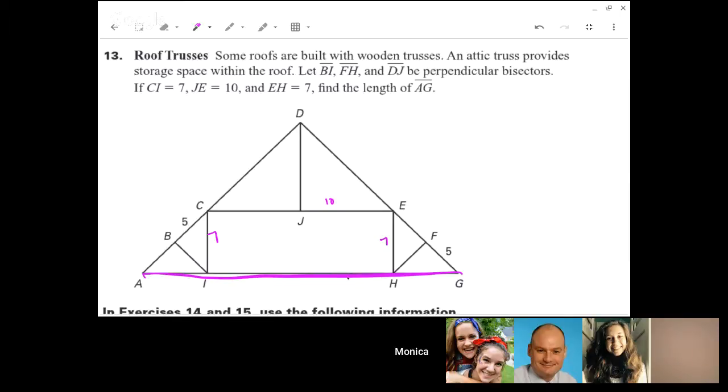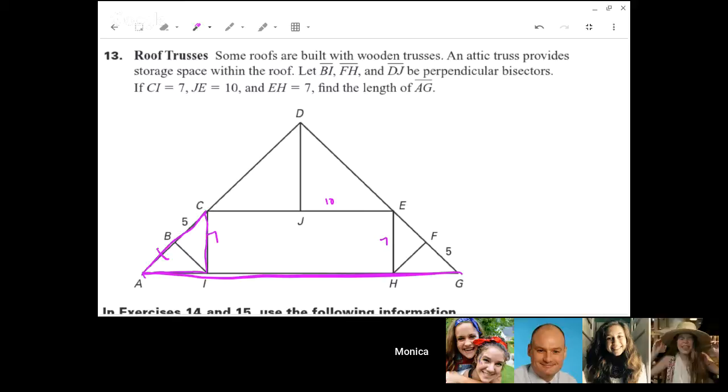So what we have to do then is look at the different things that we can prove about the triangle. All right. We know that BI is a perpendicular bisector. So that would be a perpendicular bisector of this triangle here.